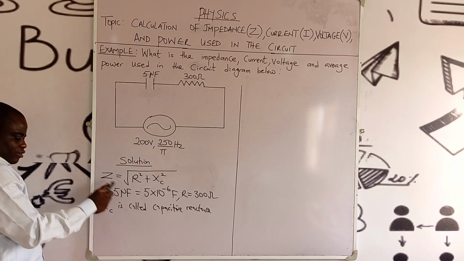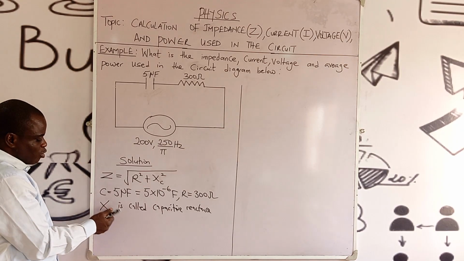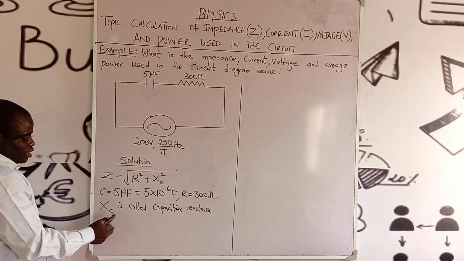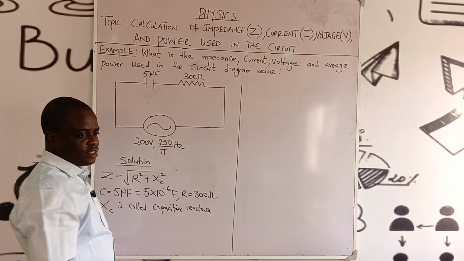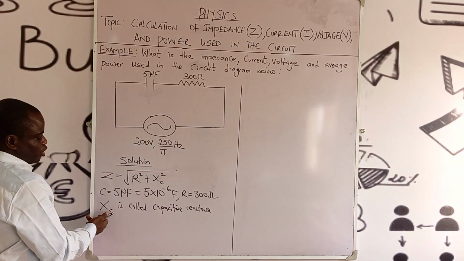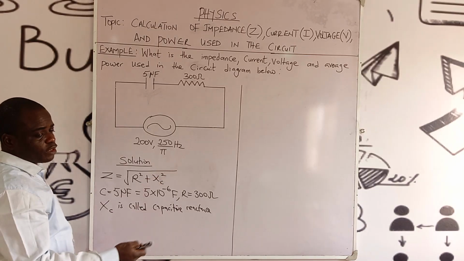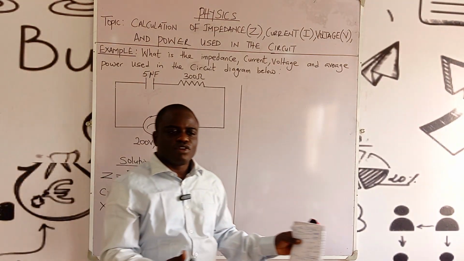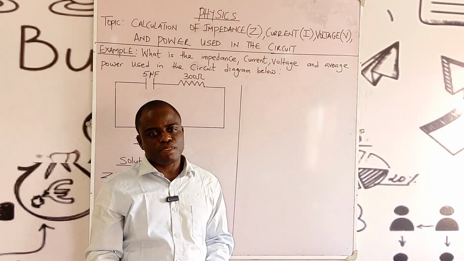We call it capacitive reactance. Is that okay? We use C to represent capacitor, but when you join it with reactance, which is X, we call it capacitive reactance. If it is XL, inductive reactance. Okay? And they are also in ohms. You have some cases in which it might involve XC and XL. Okay?